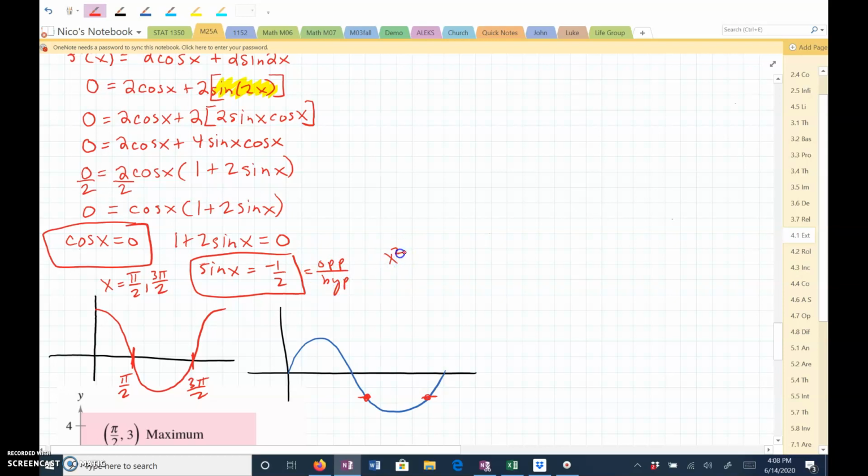So I'm going to use x squared plus y squared equals r squared, where I call the opposite side negative 1, the adjacent side x, and r squared would be 4, which is 2 squared. So x squared plus 1 equals 4, so x squared equals 3, so x equals plus or minus the square root of 3.